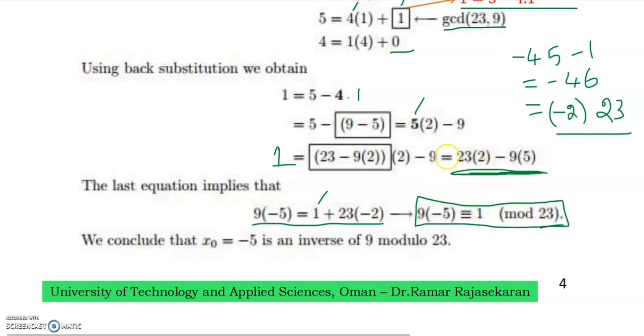Because we have verified here, yes, this is true for all such questions.